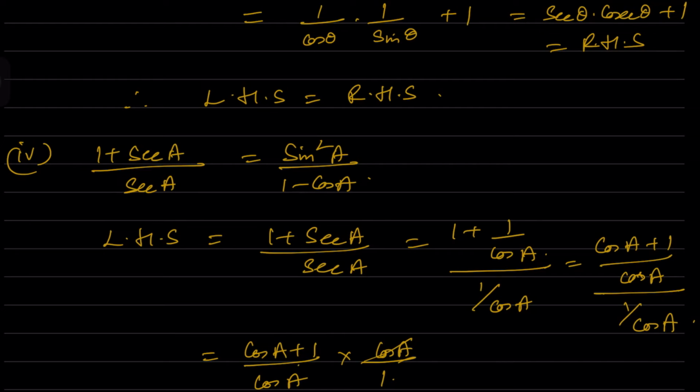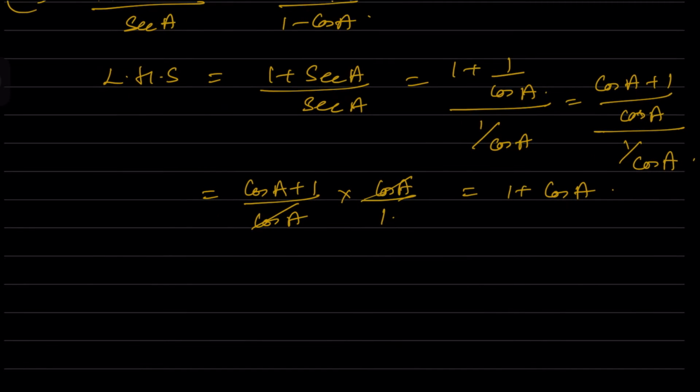So if you cancel out this, you will get it as equal to 1 plus cos A. Now we are taking the RHS. We have proved the left hand side as 1 plus cos A. We will try to prove even the RHS as 1 plus cos A.